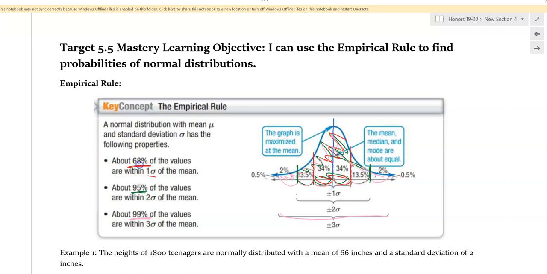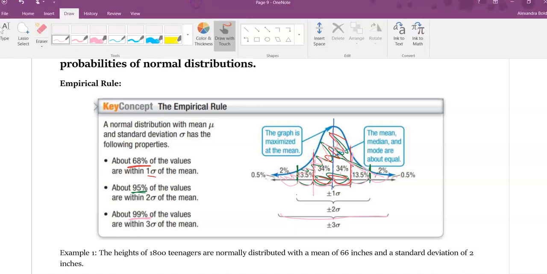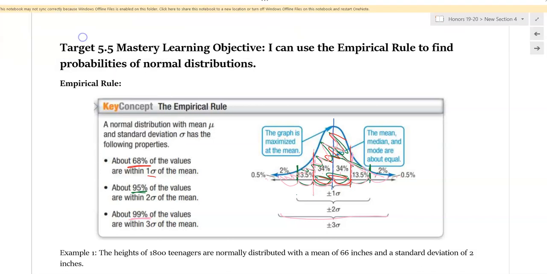So these numbers on the inside come from this: if 68% are between these two lines, and it's exactly centered, then 34% is on this side and half of it is on that side.